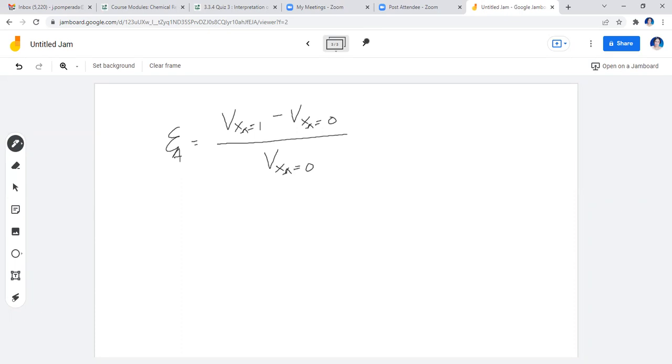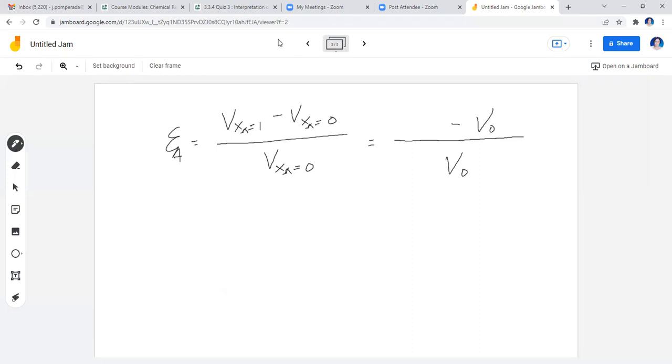I also mentioned a while ago that the volume of your system at 0% conversion is actually your initial volume. So what remains for us to determine is the volume of your system at 100% conversion. How do I determine this volume when we have 100% conversion?